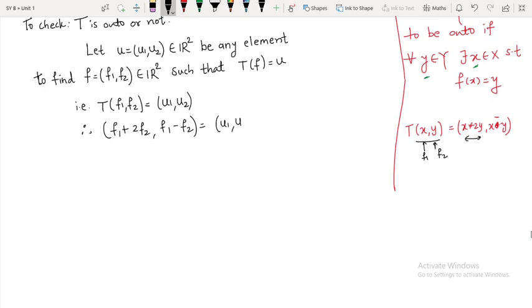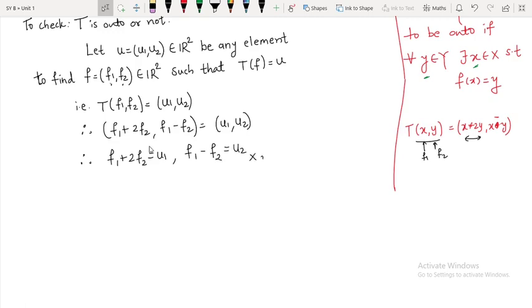which will be equal to (u1, u2). So here we have to find the values of f1 and f2. Keep this in mind, we want to find f, means we have to find f1 and f2. So now just compare. After comparison, f1 plus 2f2 will be equal to u1 and f1 minus f2 will be equal to u2.